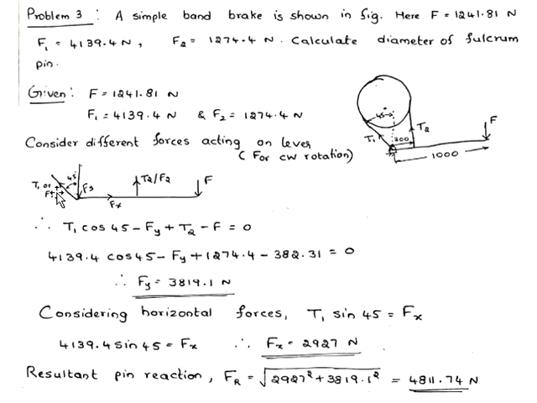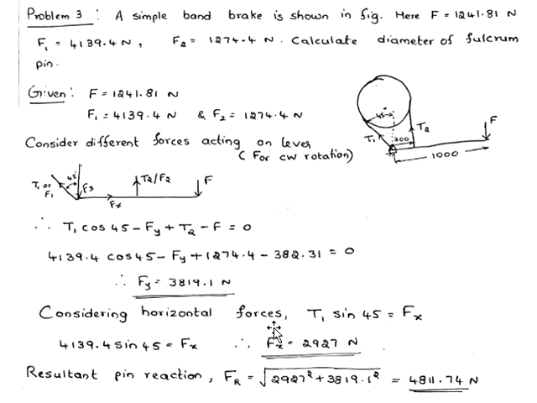T1 is acting at an angle of 45 degree, so take vertical component. So T1 cos 45 minus Fy because it is acting downward, plus T2 again minus F because it is acting downward, is equal to 0. Here T1 value or F1, that is one and same, it is given in the question. So substitute all the values, you will get Fy.